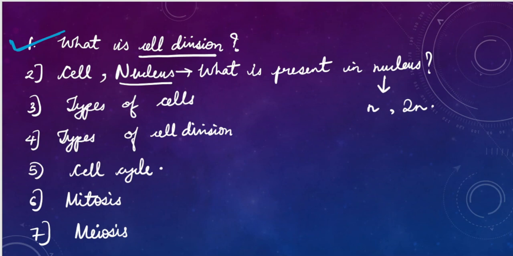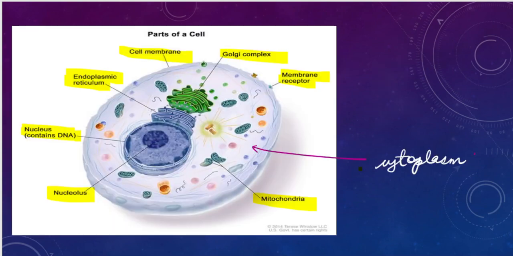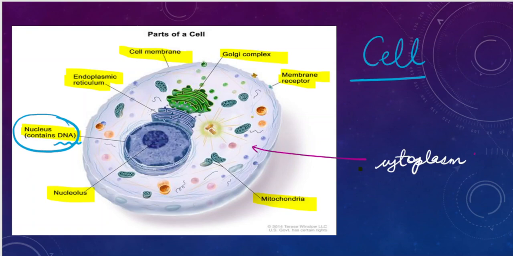So I had shown you the image of a cell. So this is a cell, and if you can see, it has a nucleus, and they have written that a nucleus is having a DNA.